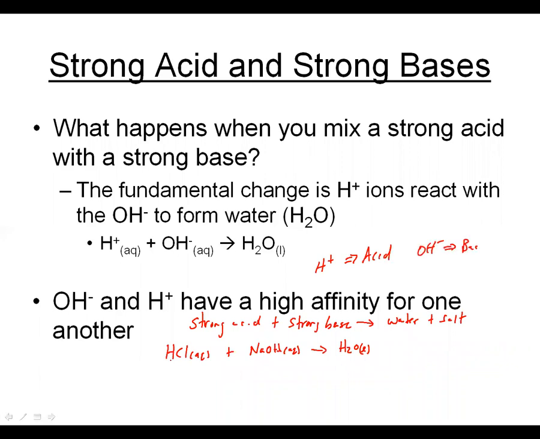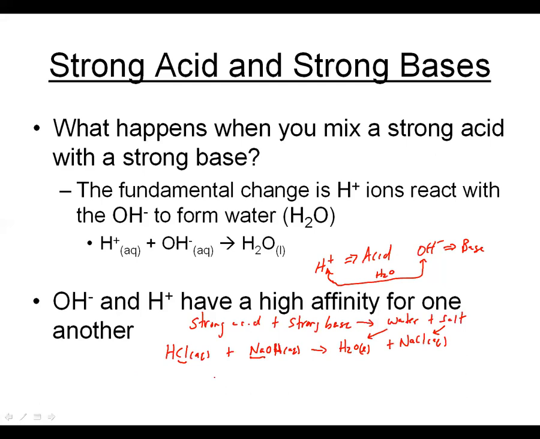And again, these two guys basically come together to make the water. And what's left is, as you can see, the sodium from the base and the Cl from the chloride, and that makes our sodium chloride, which is our salt. So that's our salt. That obviously is our water.